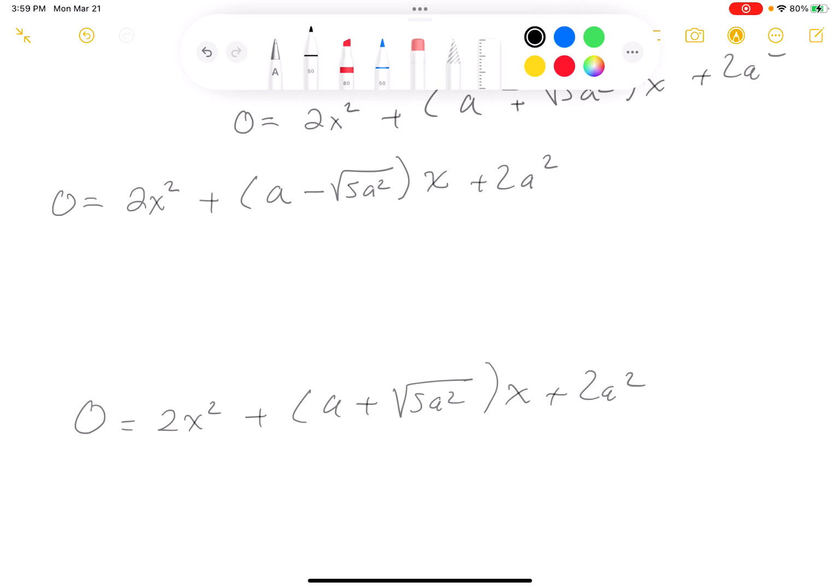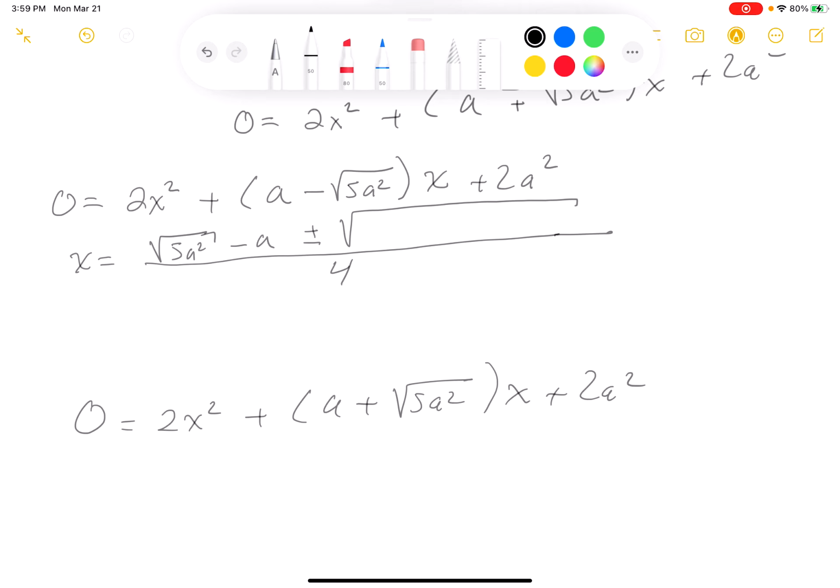All right, quadratic formula. X equals, over 4, this will be root 5a squared minus a plus or minus. All right, not going to be easy, but we'll get there. Give me 1 second.